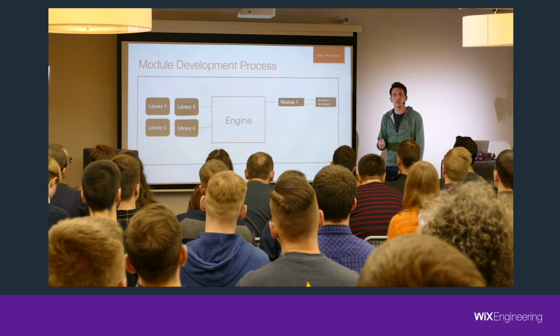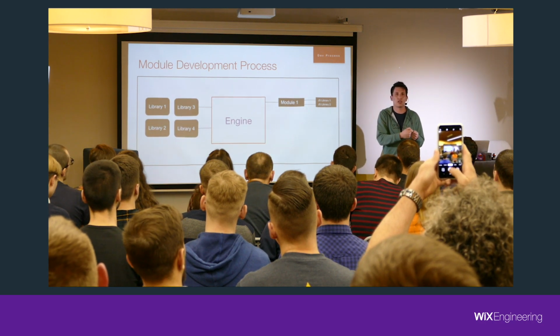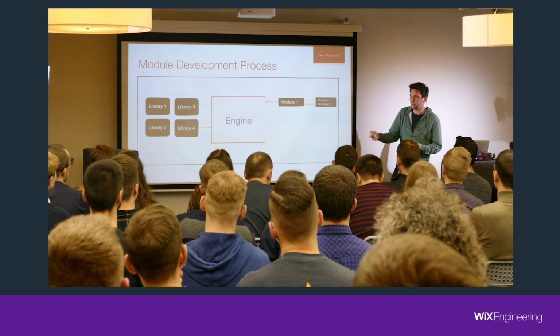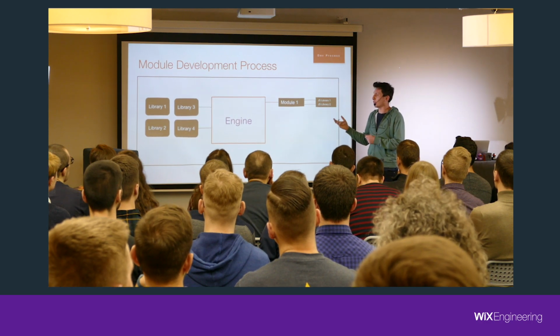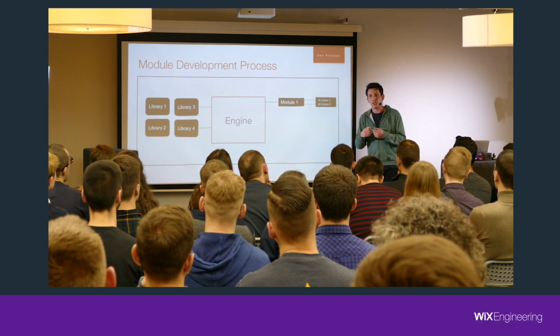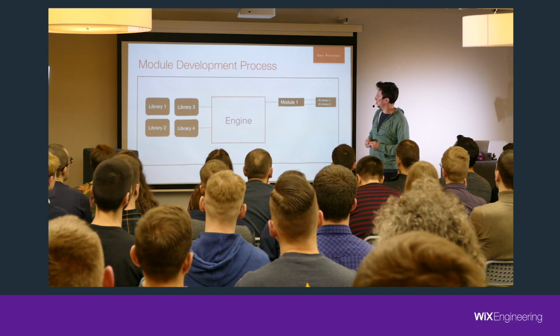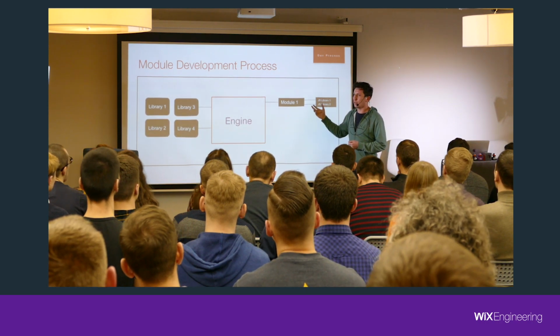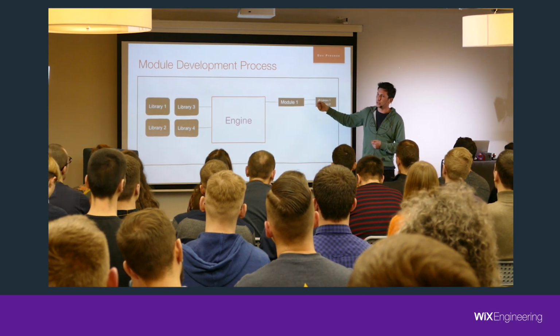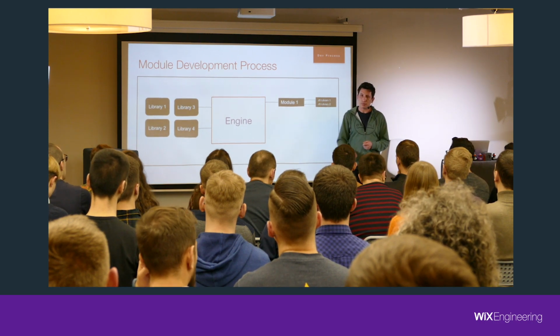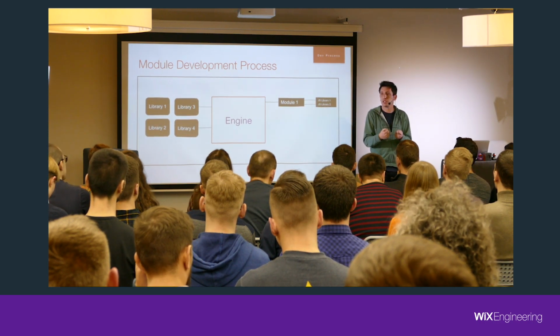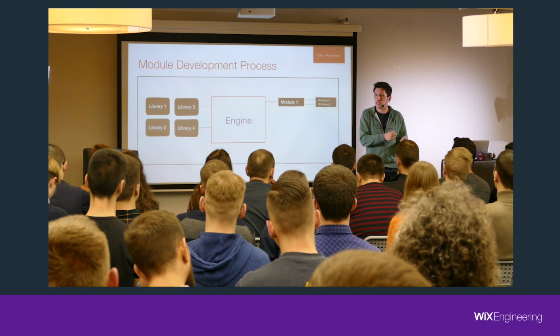We don't want him to be dependent on other models, because other models may have bugs, and we don't want them to crash our application during our work. So each developer will work on his own model and the engine, and he will tell the engine, load only this model.